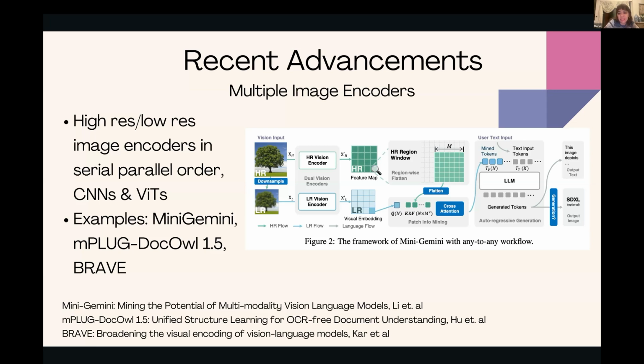Mini Gemini is a pretty cool paper because it gives you some output text, but it also generates a prompt which you can pass to Stable Diffusion XL and generate an image. This is quite extra, but this model basically takes image and text input and outputs image and text output if you plug in the SDXL parts.